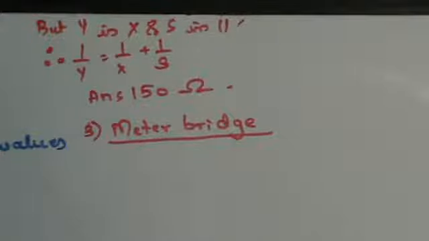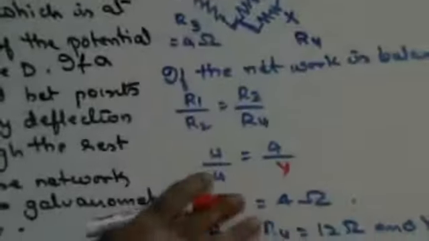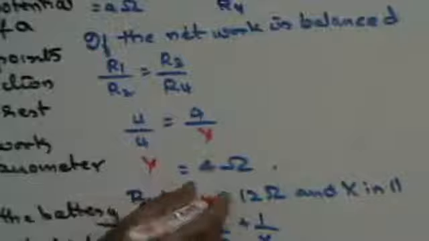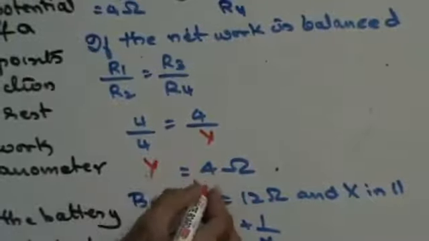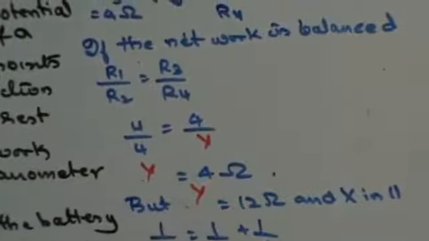I've done the representation separately. We call this Y. So Y is equal to 4 ohms, but Y is 12 ohms and X in parallel.